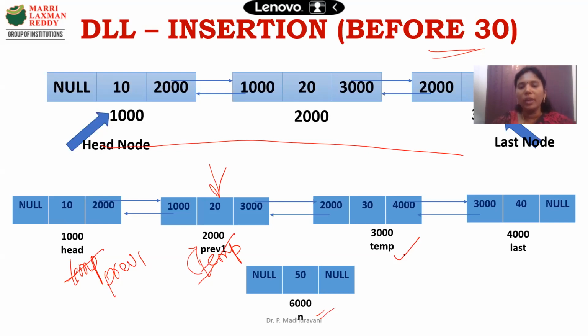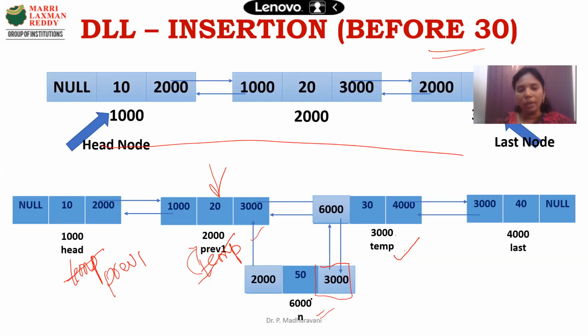Now, here, you give links between previous, temp, and n. Give the right side link by storing the address of temp into the next field of n. We can do this simply as n arrow next equal to temp. Similarly, you give the previous link: temp arrow previous equal to n.